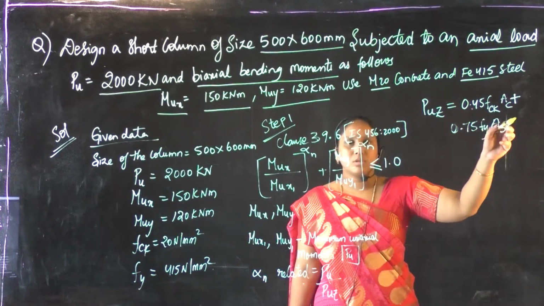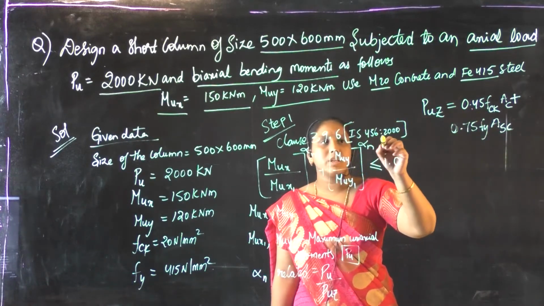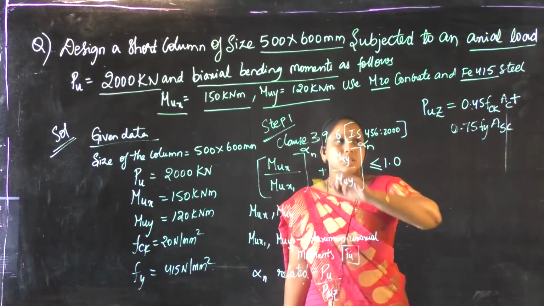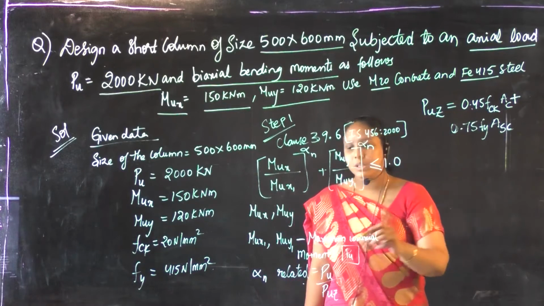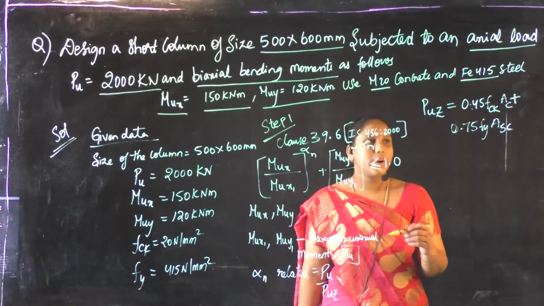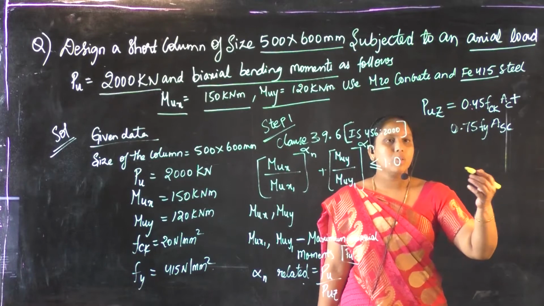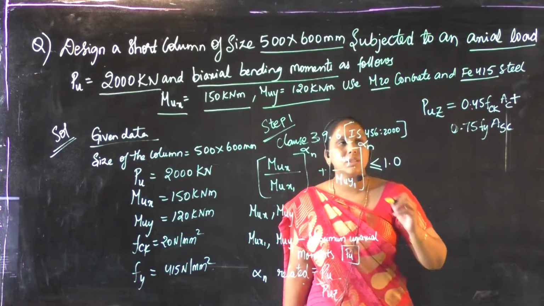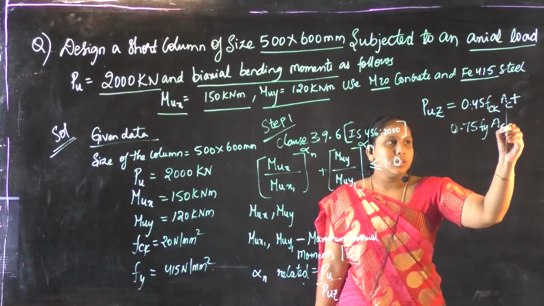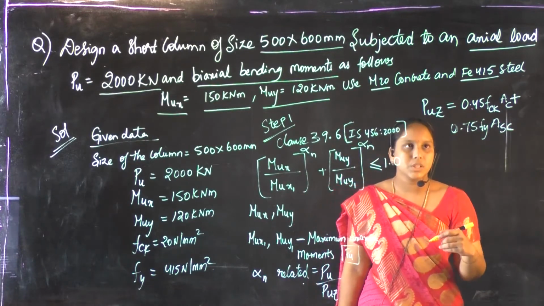This formula is also given in the code book, IS 456-2000, in the same clause. Based on the PUZ values, the alpha n values are going to vary. How the alpha n values vary is also mentioned in the same clause, which you can check in your IS 456-2000.